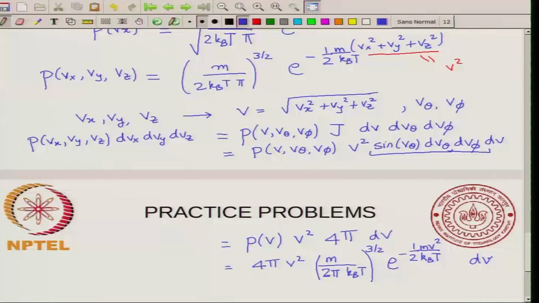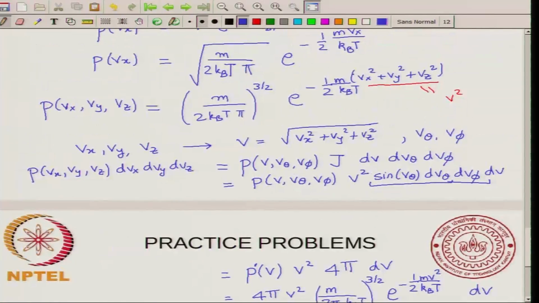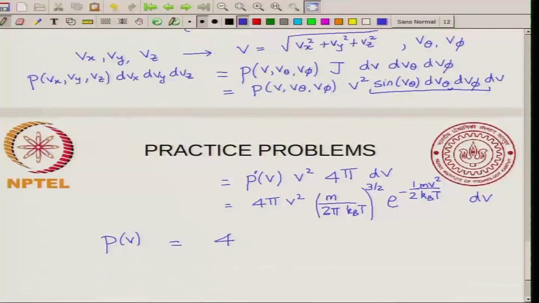dV. And what you can say from this is that I should call this p prime of v here, because what you are doing is expressing the original distribution in terms of Vx, Vy, Vz in terms of v.